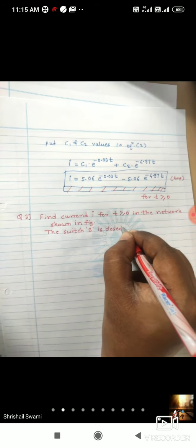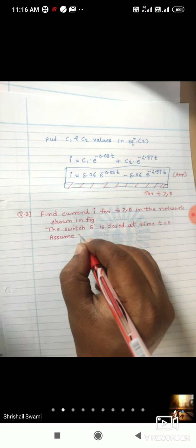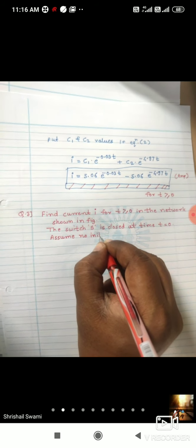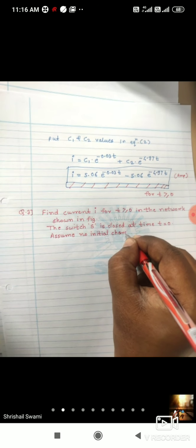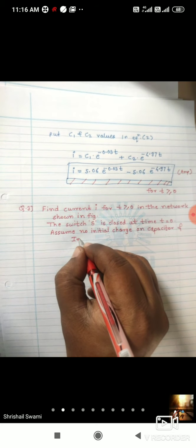Assume no initial charge on capacitor and inductor. So this is the question.